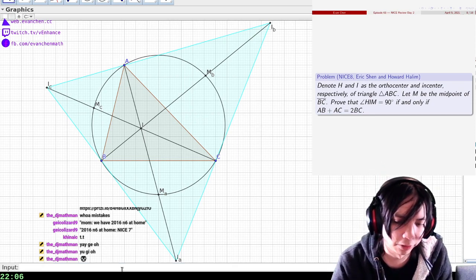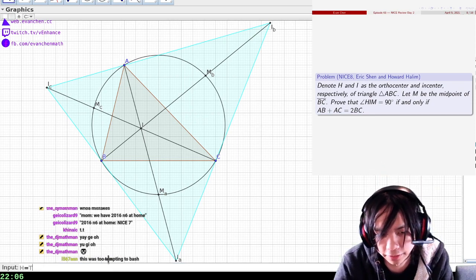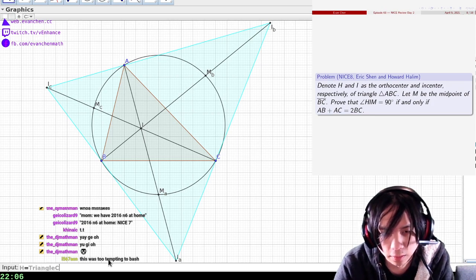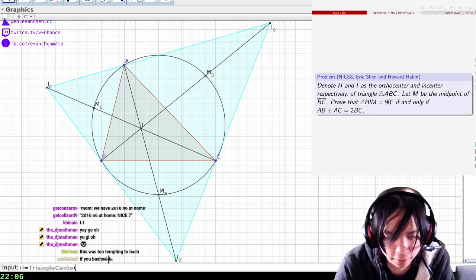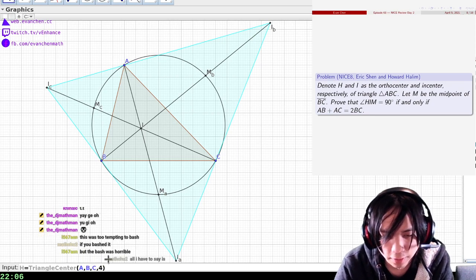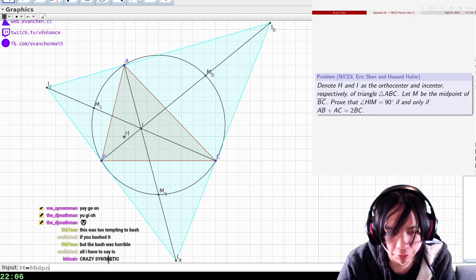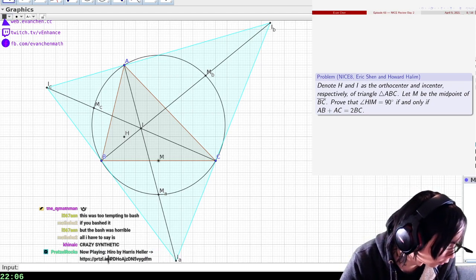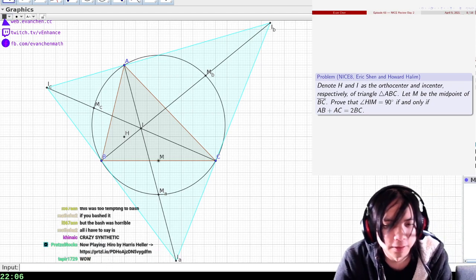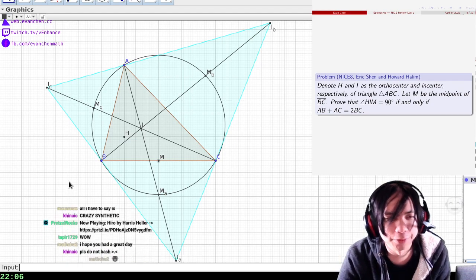I've drawn all the midpoint things. H is the triangle orthocenter, ABC, I is the incenter. M is the midpoint of BC, and you want to show HIM is 90 if and only if AB plus AC equals 2BC. Alright, first let me get rid of AB plus AC equals 2BC.